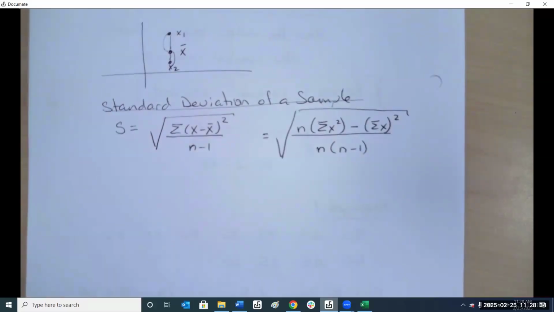So what we're looking at is how far the data is away from the average point, the mean point.